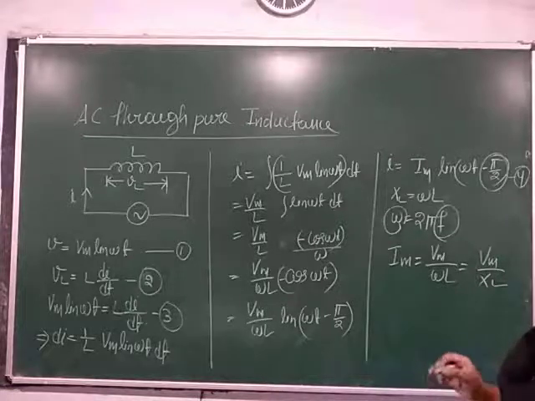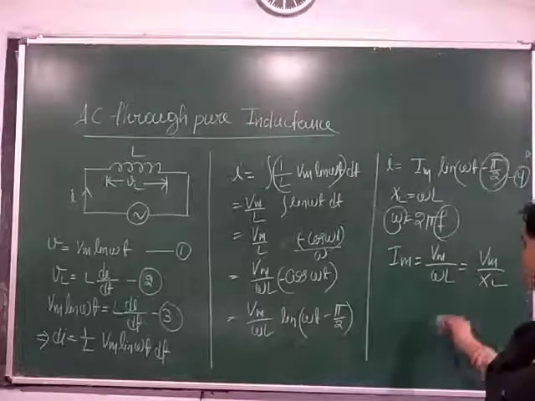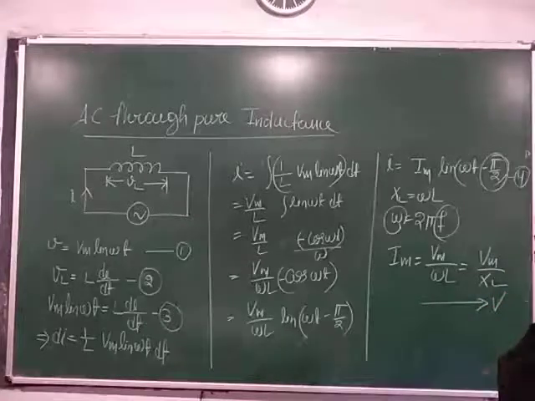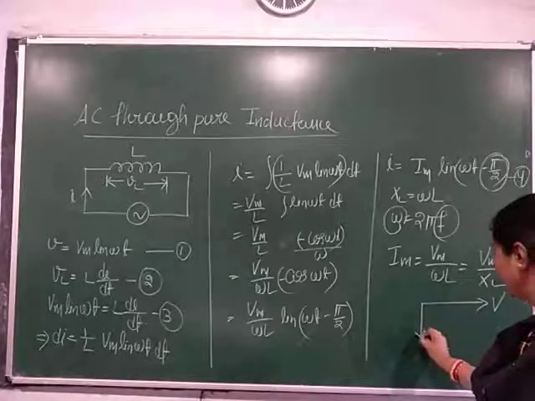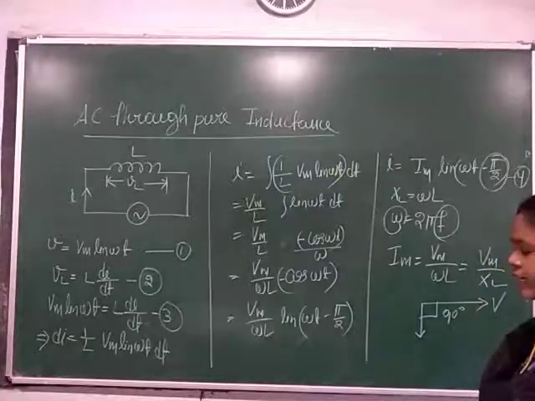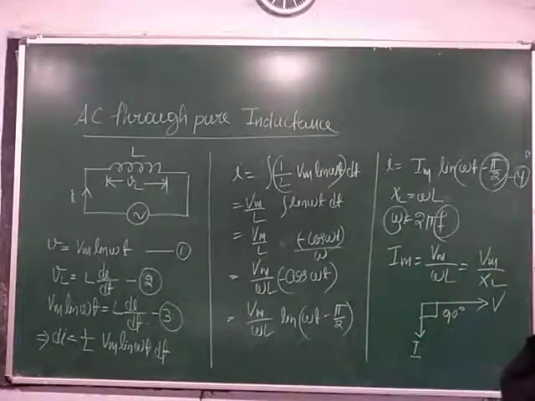So if you draw the phasor diagram, suppose this is the voltage phasor, and the current phasor is 90 degrees, or pi by 2 radians, lagging. This is the current phasor.